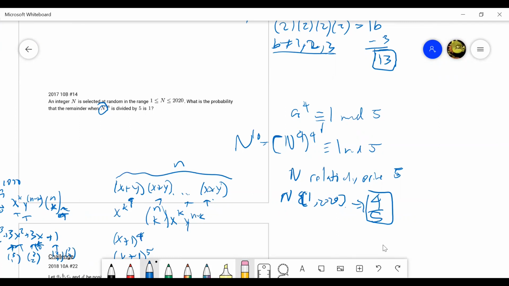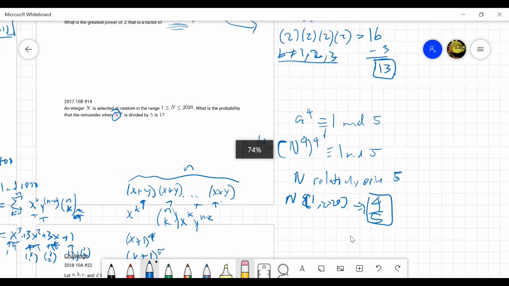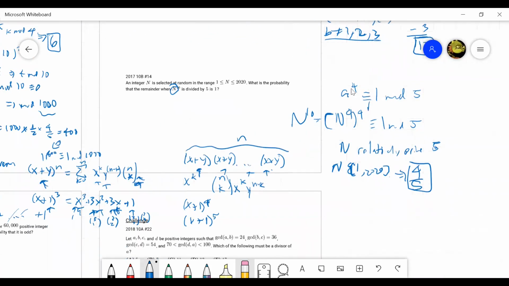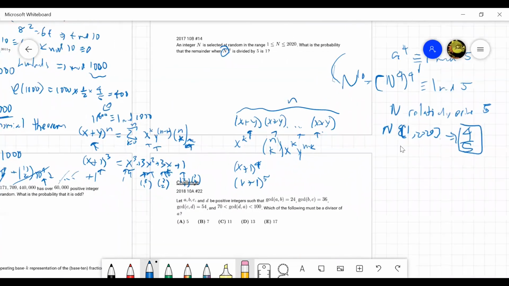So in this range, 4/5 is the probability that the integer you select is not going to be 0 mod 5. It's going to be 1 mod 5. All right. So this is a super simple problem once you simplify it a bit, or just see that it's some kind of setup for a trick.